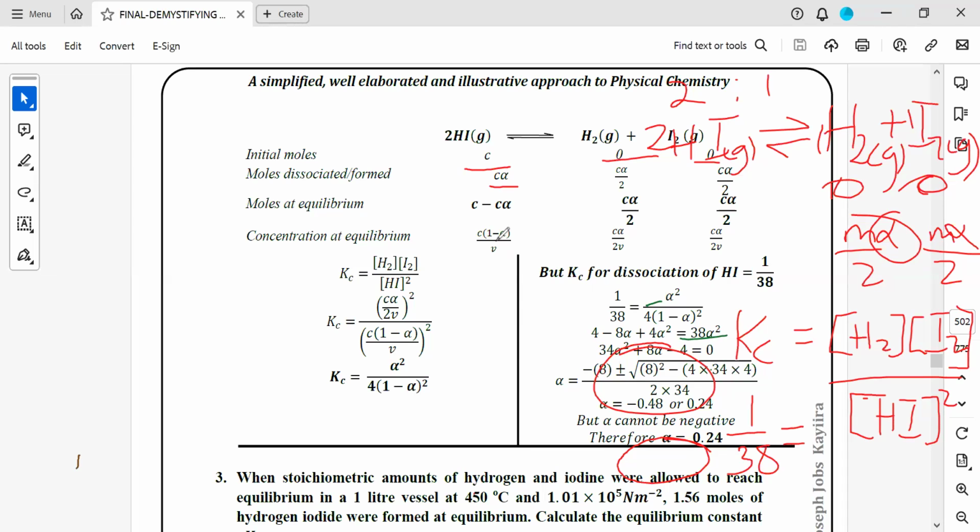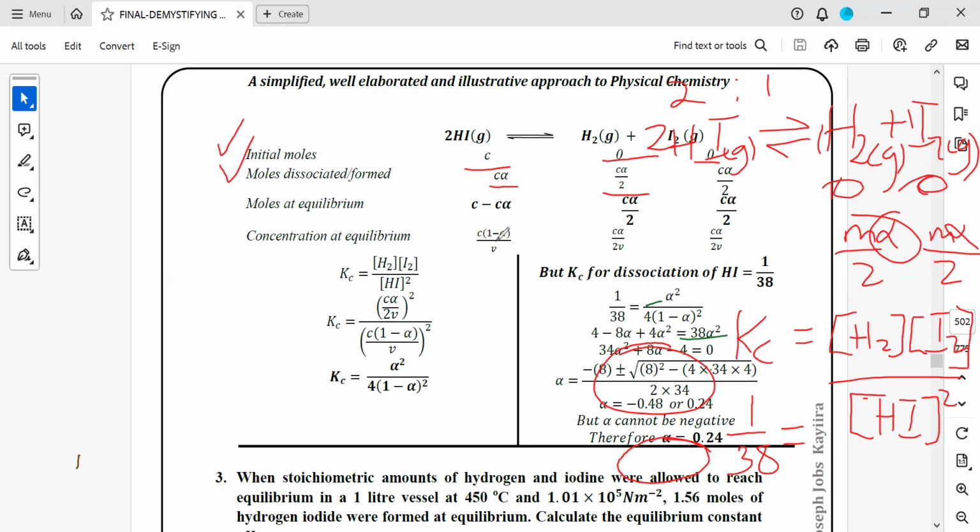And then, like I said, since it's a mole ratio of 2 to 1, we divide by 2 on the products. Then we have the initial number of moles minus the number of moles that dissociated, and this side the dissociation moles plus the original moles that we had.